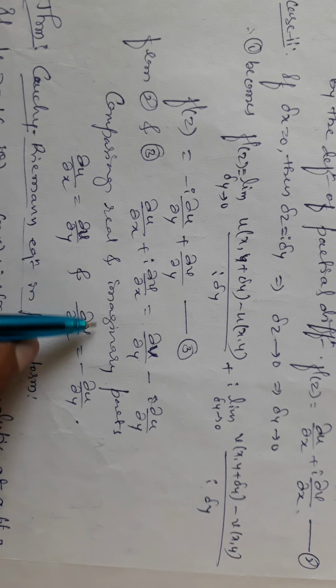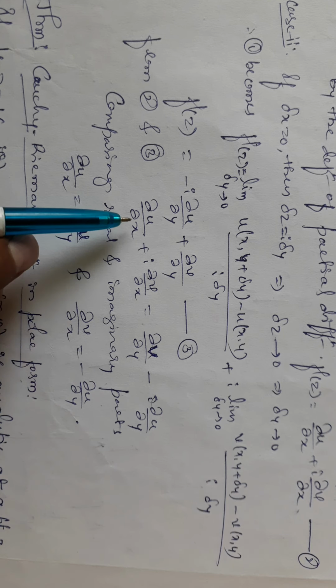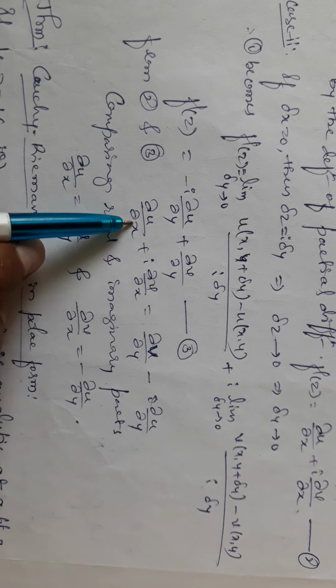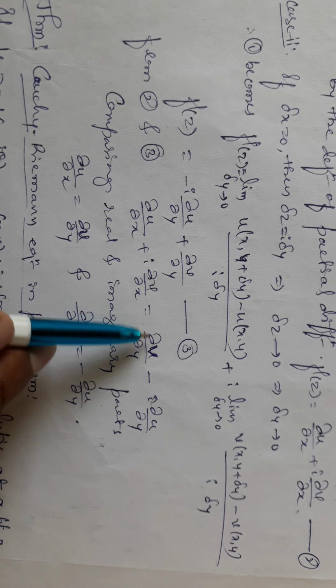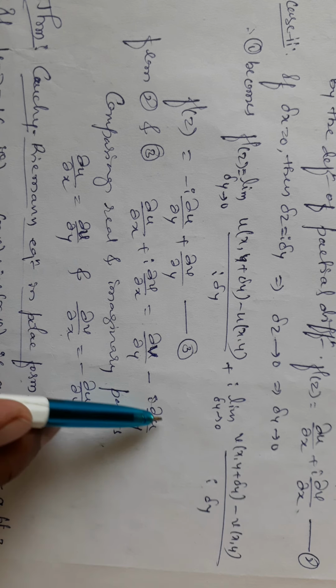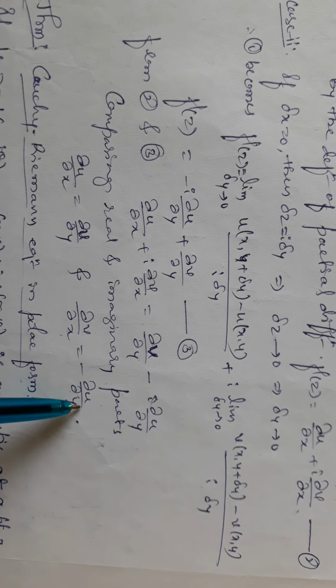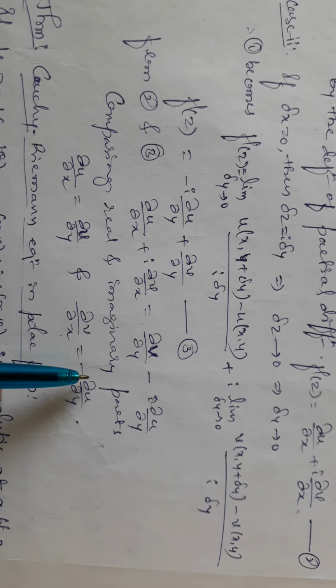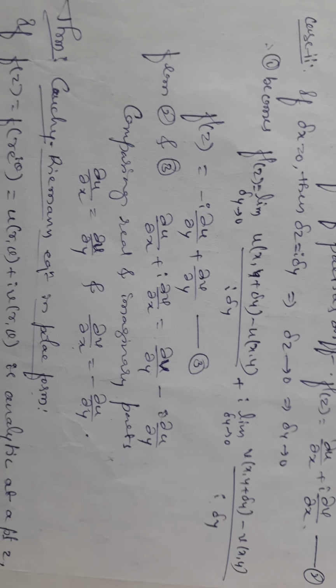Comparing real and imaginary parts, we have dou u by dou x equal to dou v by dou y, and dou v by dou x equal to minus dou u by dou y. These are the CR equations in Cartesian form.